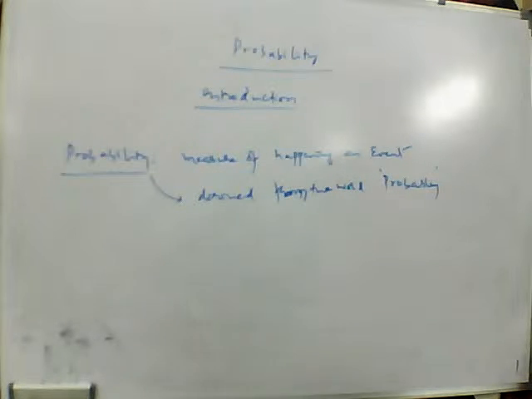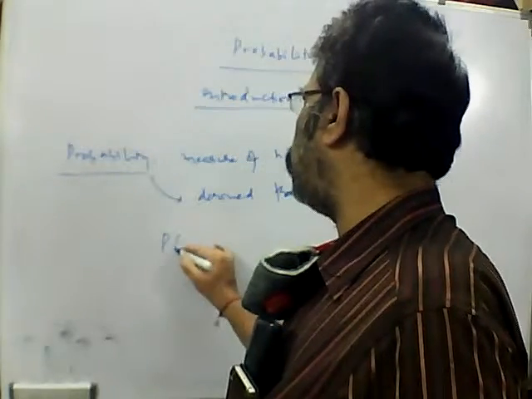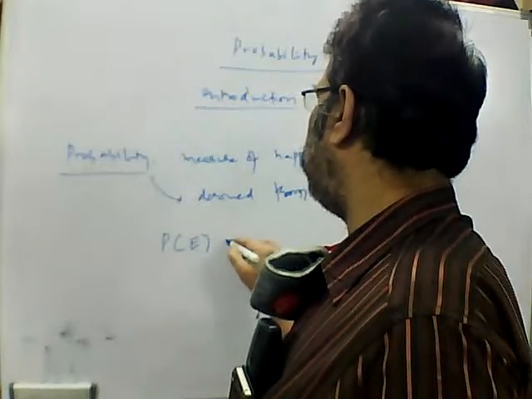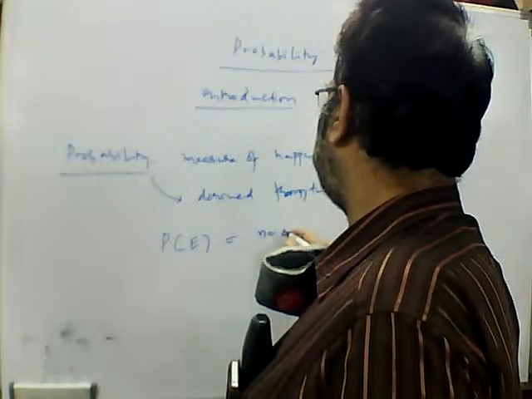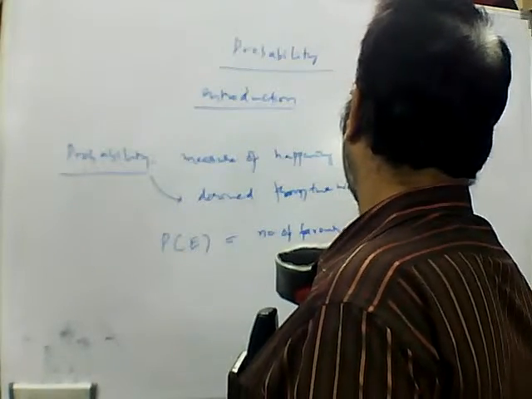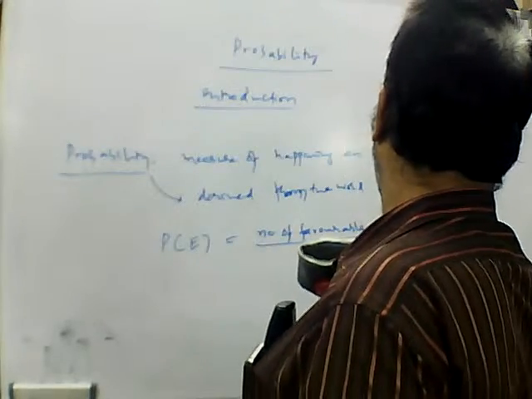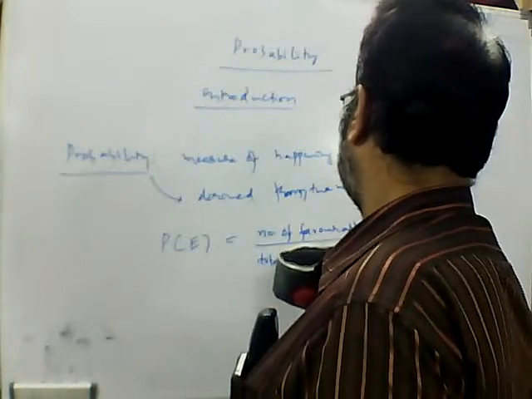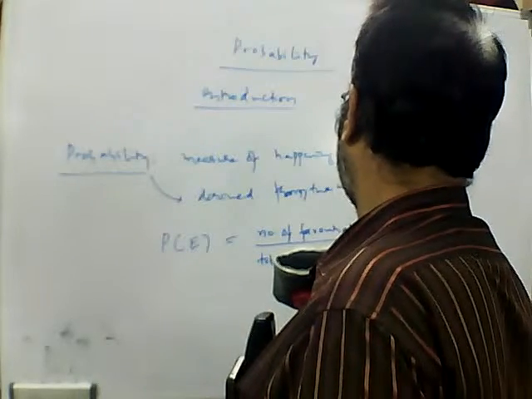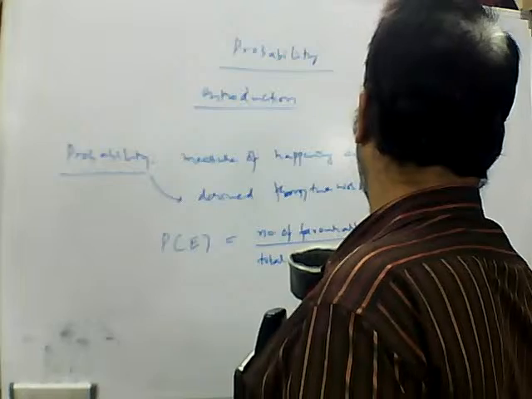So probability calculation is basically with the formula: probability of happening an event, P(E), is equal to number of favorable outcomes divided by total number of possible outcomes.